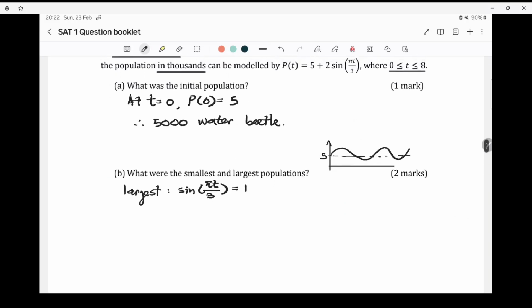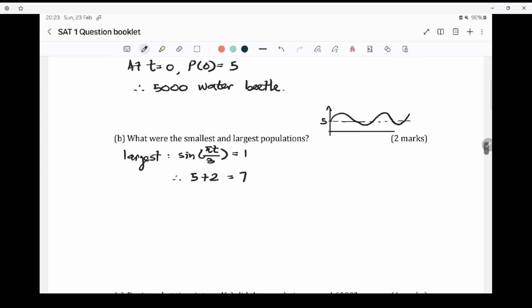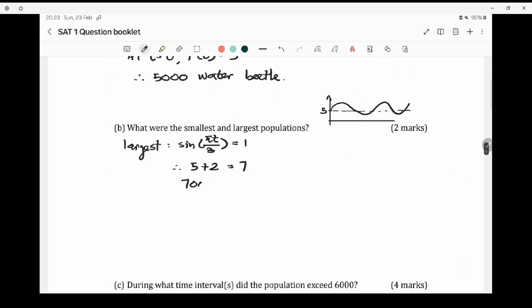So largest will be 5 plus 2, because over here this is 1 times 2, you get 2. So it will be 7, or in terms of thousands, you will have 7,000 water beetles.